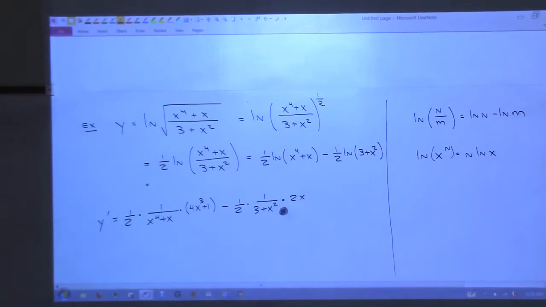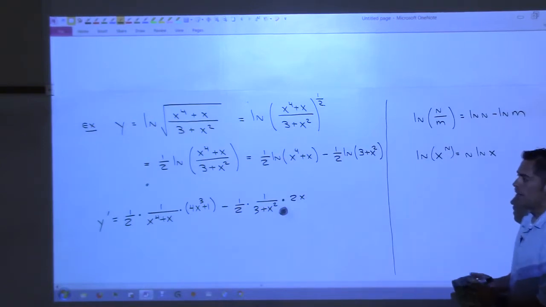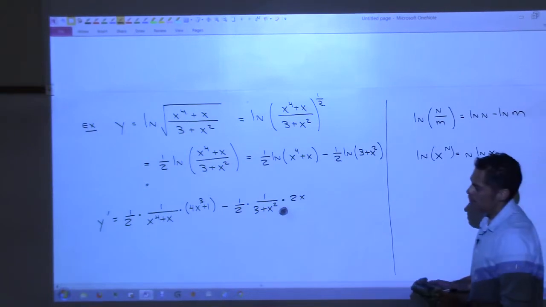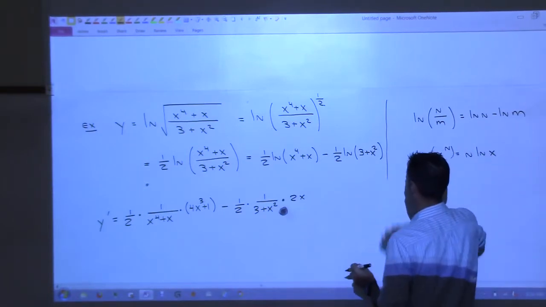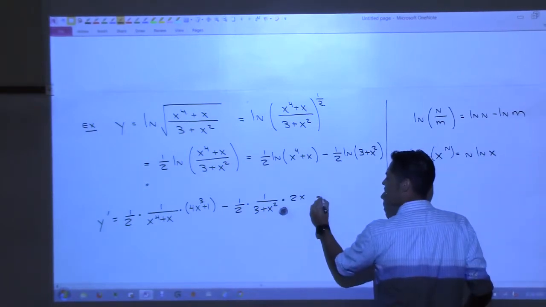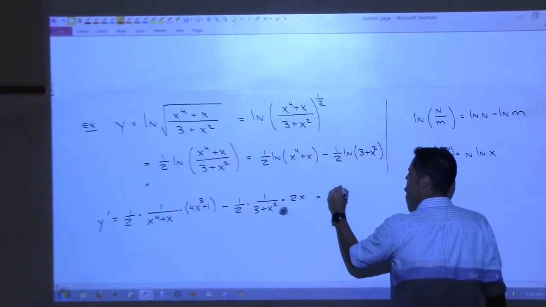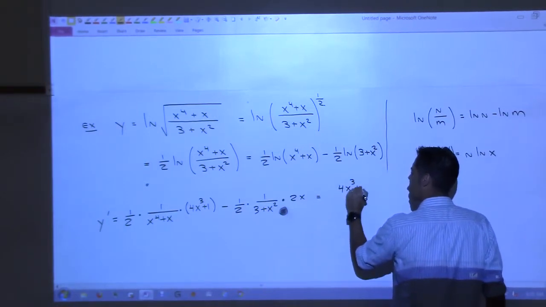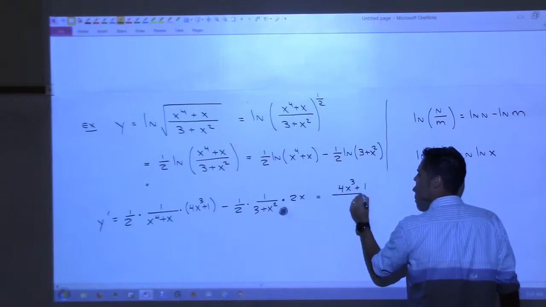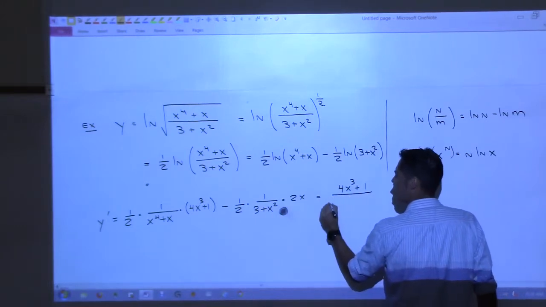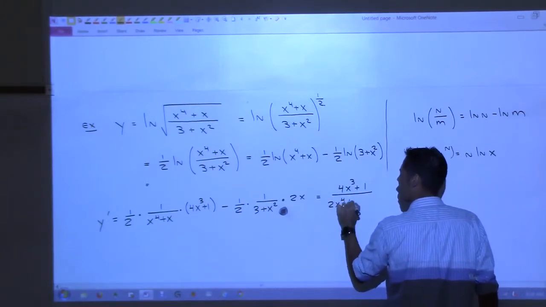Now, had you not used those properties, you'd probably still be doing that problem. I mean, it's messy. Let me see. Can I maybe clean this up just a little bit? How about we do this? 4x cubed plus 1 over 2x to the 4th plus 2x.